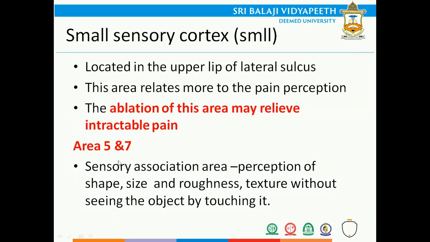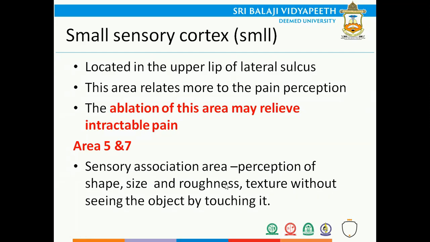Areas 5 and 7 are the sensory association areas, responsible for the perception of shape, size, roughness, and texture without seeing the object, just by touching it. With the sensation of an object, you are able to identify the object even without seeing it. The right example for it is the Braille language of the blind.